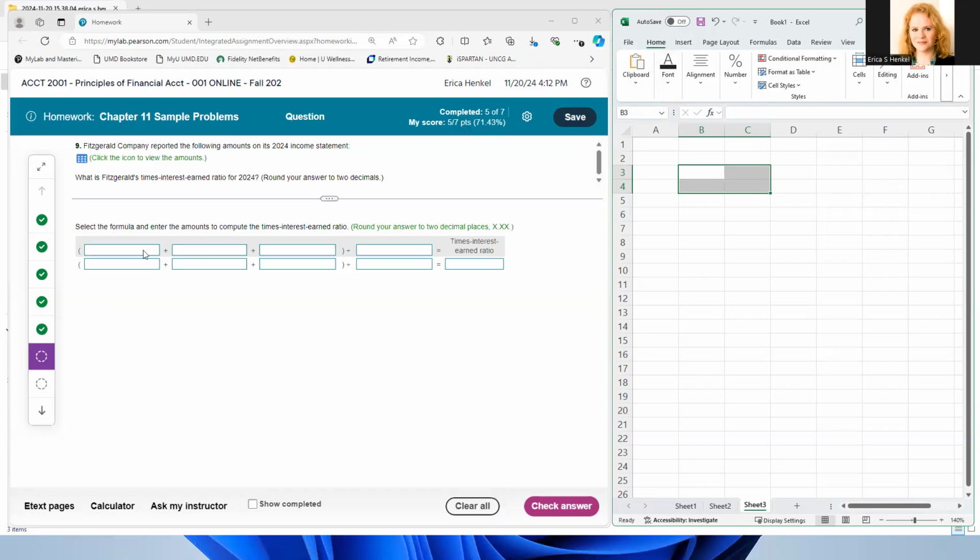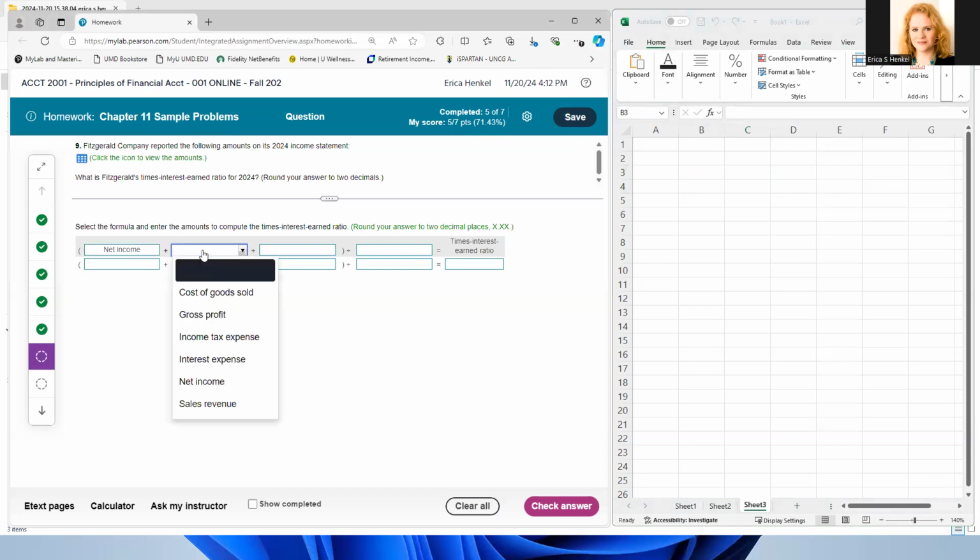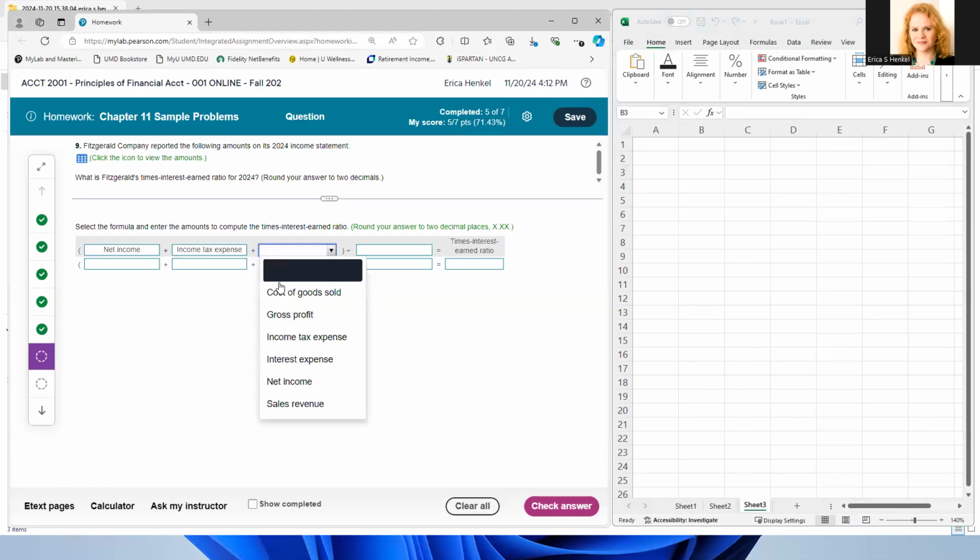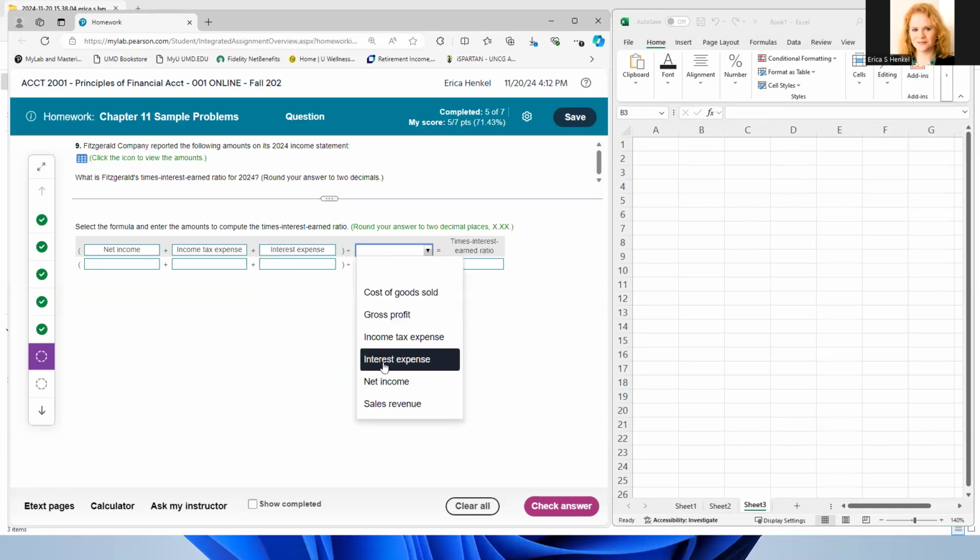We're going to take our bottom line net income and add back our income tax expense and our interest expense. We take that total amount and divide it by our interest expense. That's how many times we can pay for this interest expense using our net income before taxes and interest.